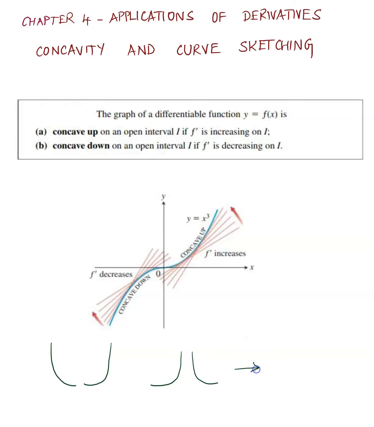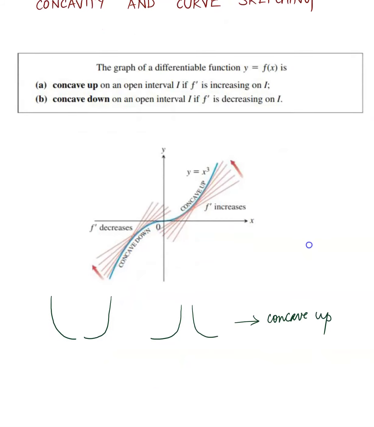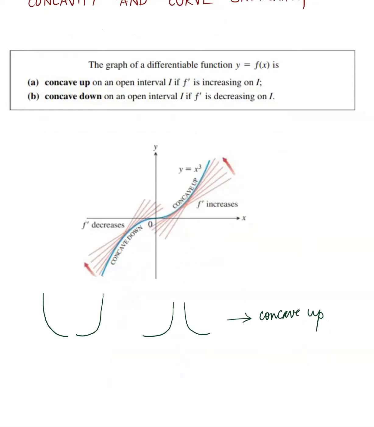If you can form these shapes, then you know it is concave up. It's like a smiley face, you see the U shape formed. So that's kind of easy there.